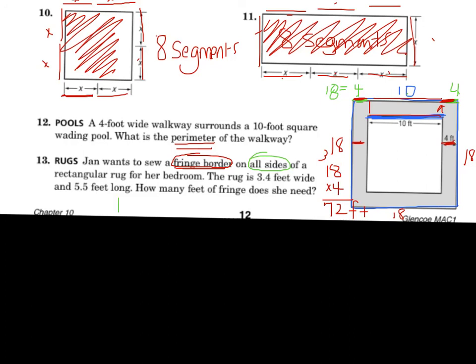So it's 3 4/10 feet wide and 5 5/10 feet long. Okay? Now we're just adding decimals here. When you add decimals together, you just make sure that the decimals are lined up.